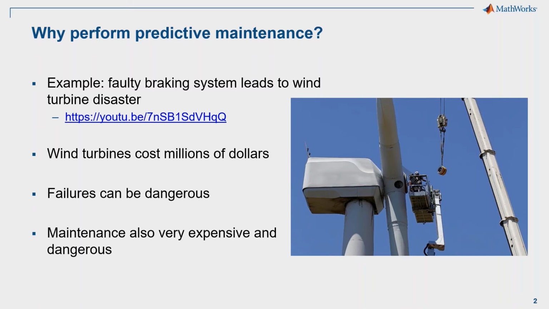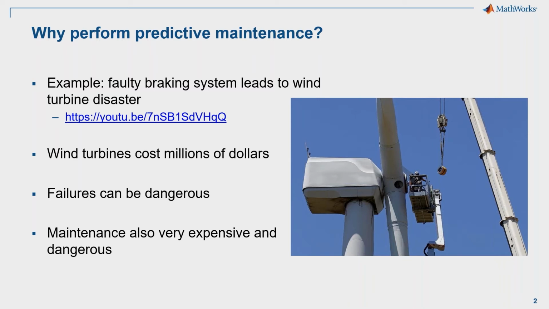Now, in certain situations like this one here with the wind turbine, maintenance itself can also be very expensive and dangerous, right? This is very tall. You can see this one is using essentially a crane and a lifter to get somebody up there. In more remote locations, you might fly somebody on top of these things using a helicopter.